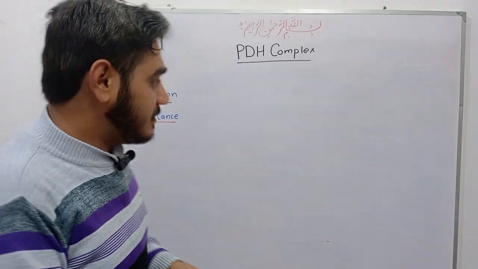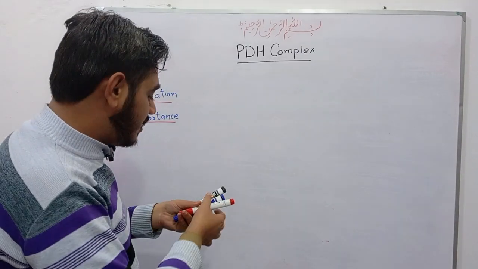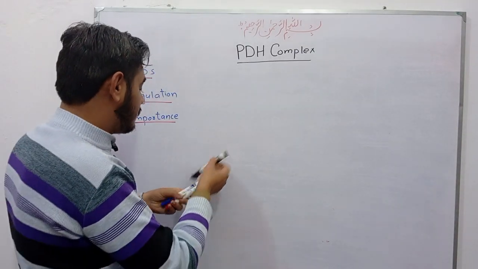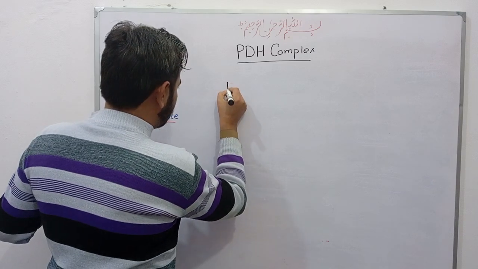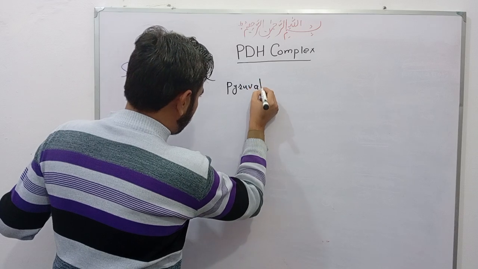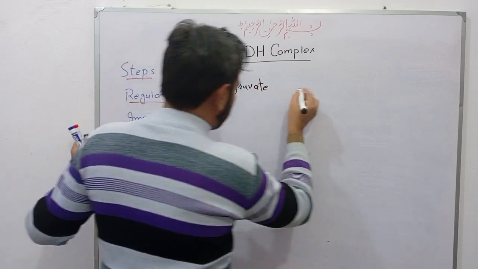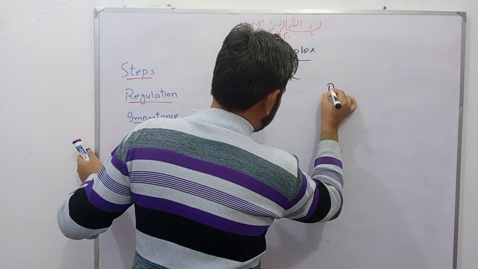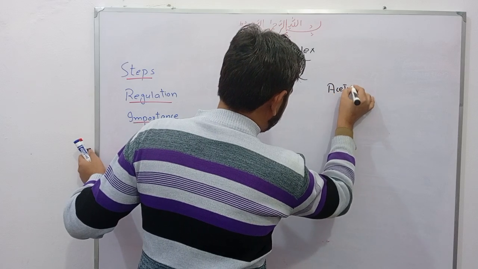Students, this enzyme, pyruvate dehydrogenase enzyme, converts pyruvate into acetyl CoA.